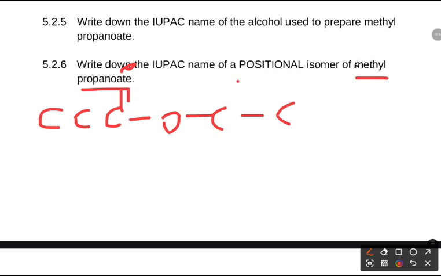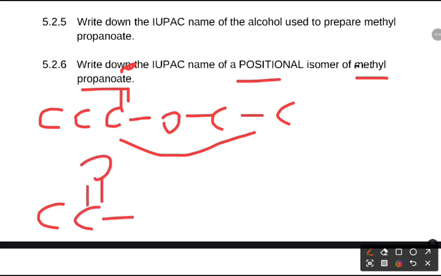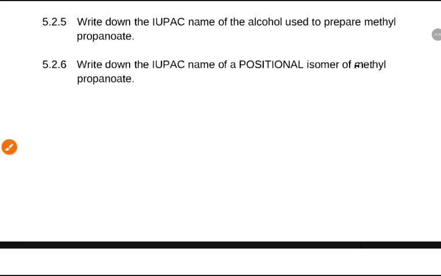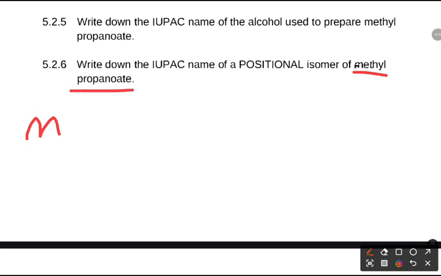Position is about placing something on a different position. So we can now swap them and write 1, 2, and then O, 1, 2, 3. Whenever we write a positional isomer of an ester, you change the naming. The part with the methyl becomes the methanoate, and the part with the noate is the part that comes with the ion.